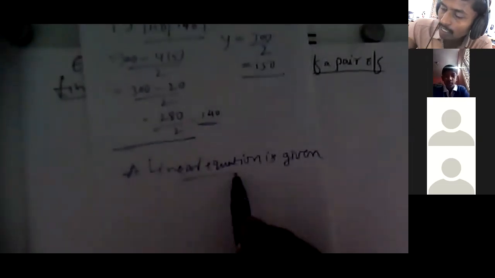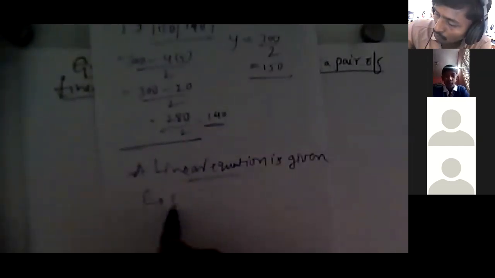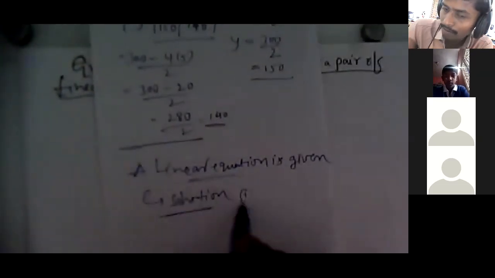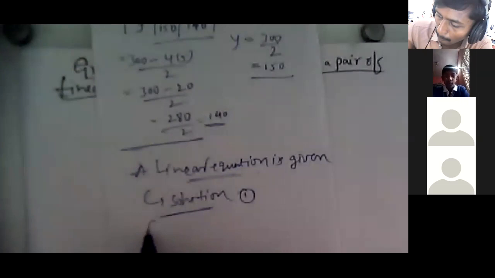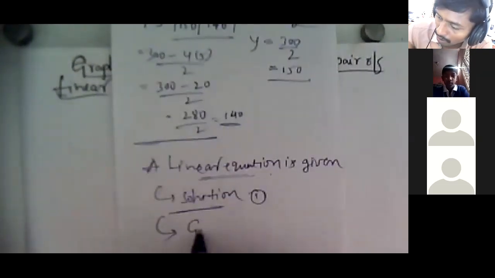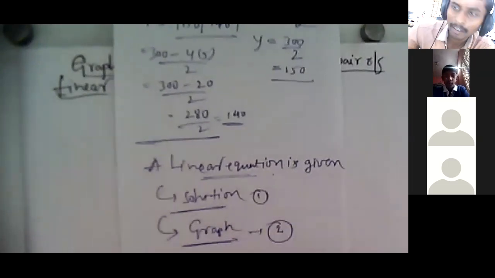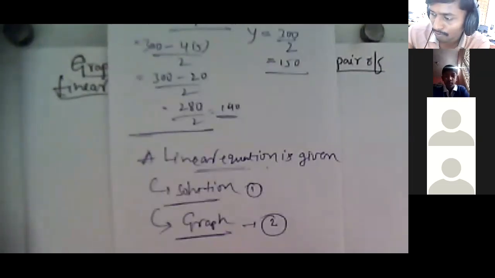By using this equation, we find the solution. This is one method. Next, by using this solution, we plot the graph. This is the second method.